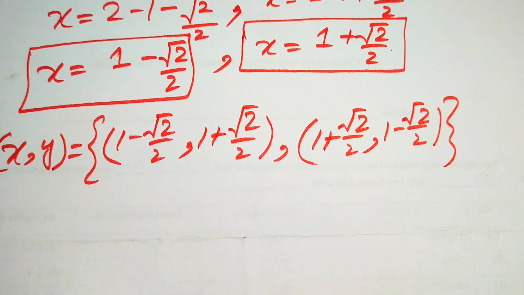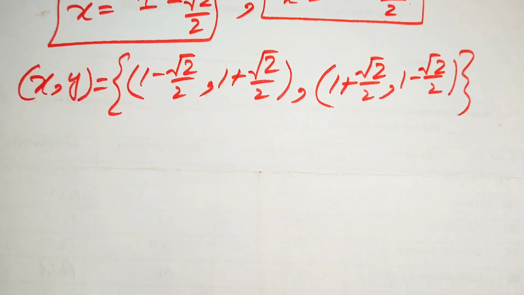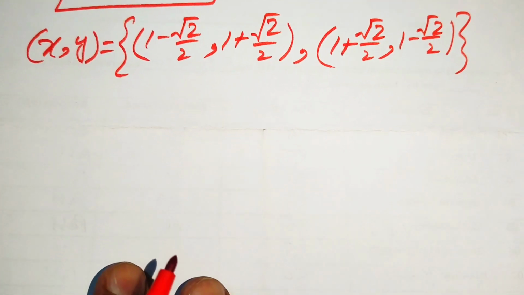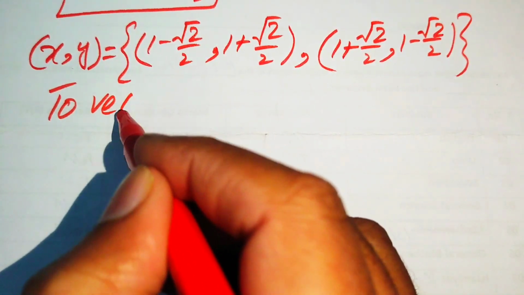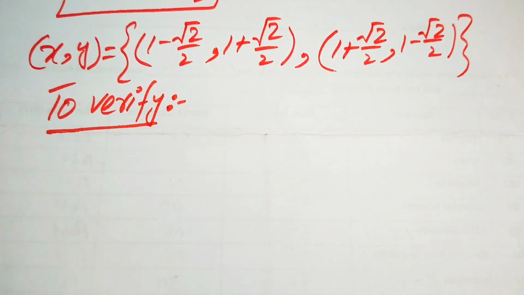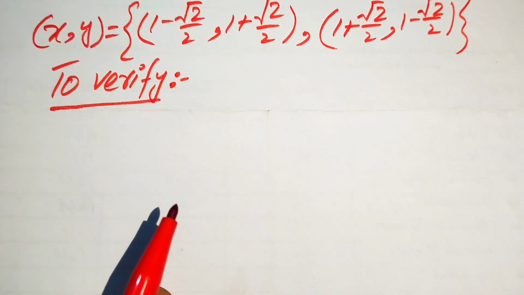Okay, so these are the two final solutions of the given equation, and now in the next step we need to verify these two solutions. Do these two solutions satisfy our given equation or not? To verify these solutions, we need to copy down the given equations.